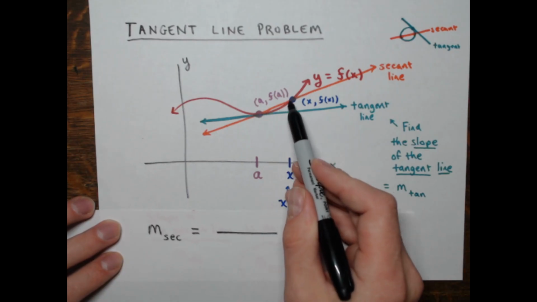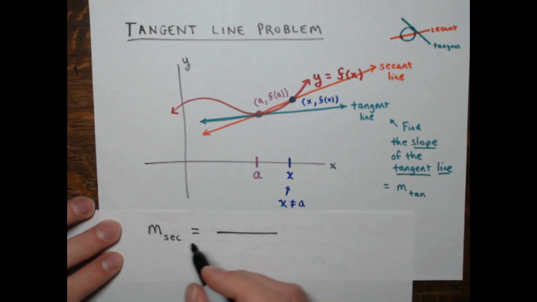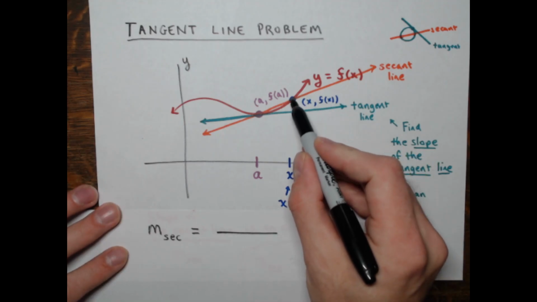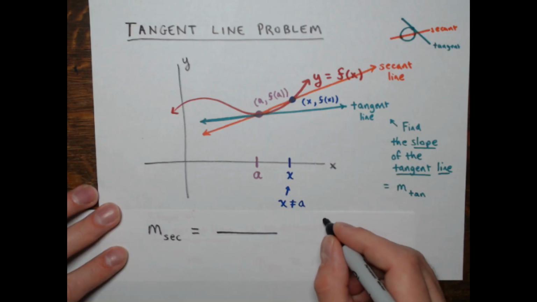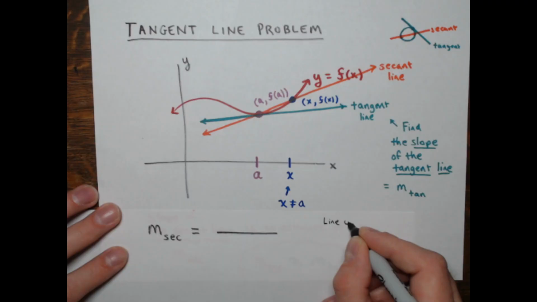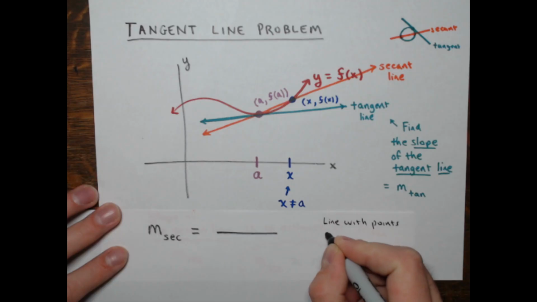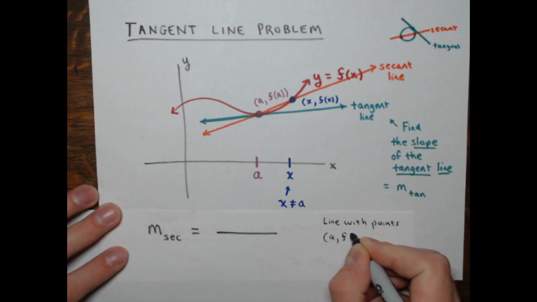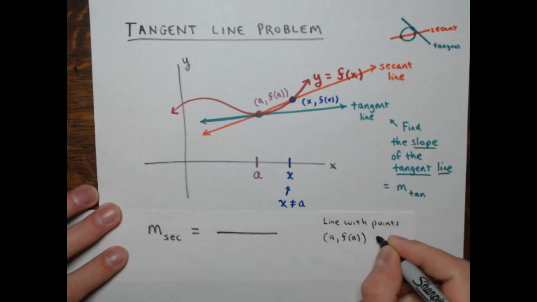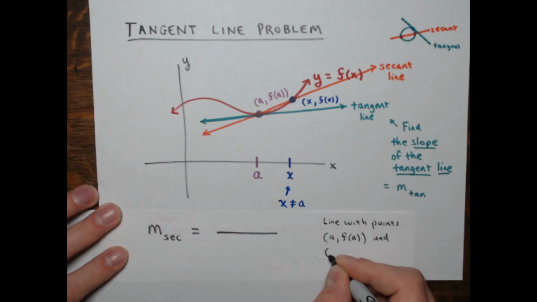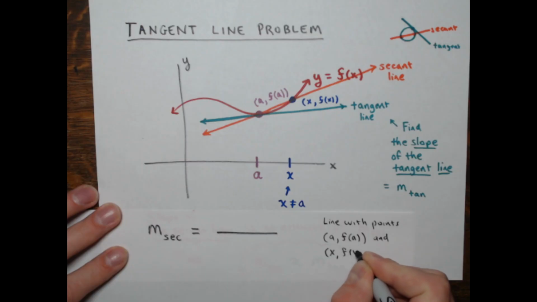It's change in y over change in x. So I've got these 2 points here. We've got the line. It's a line with points (a, f(a)) and (x, f(x)).